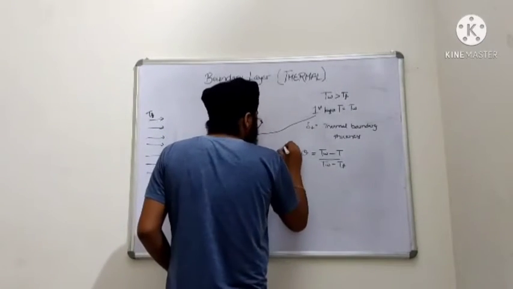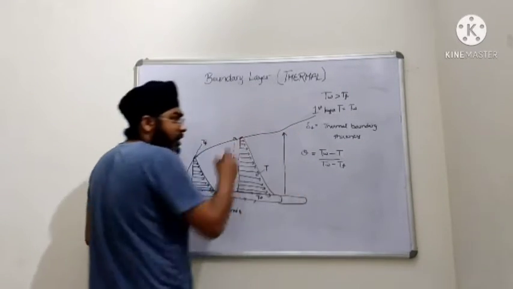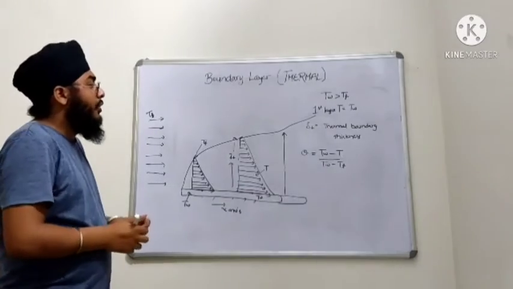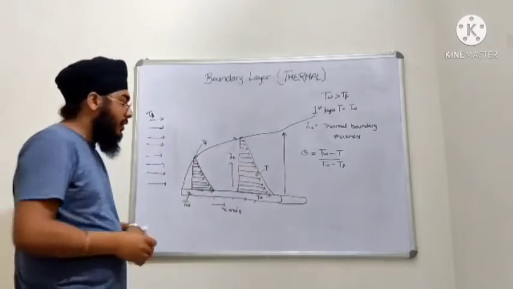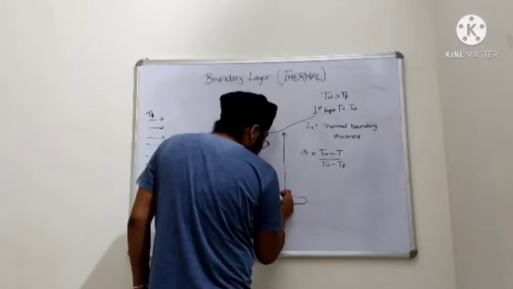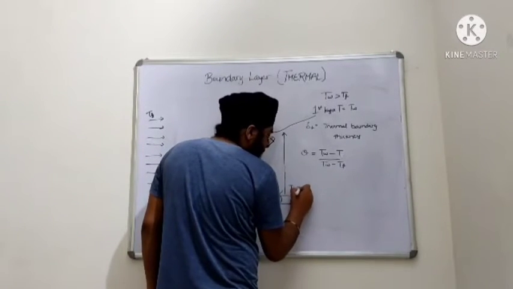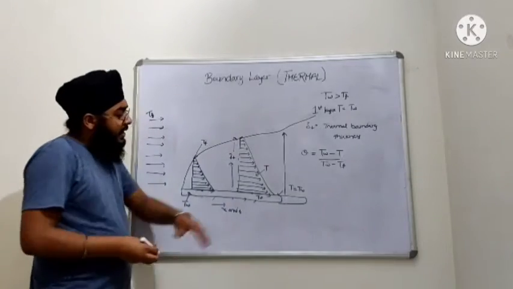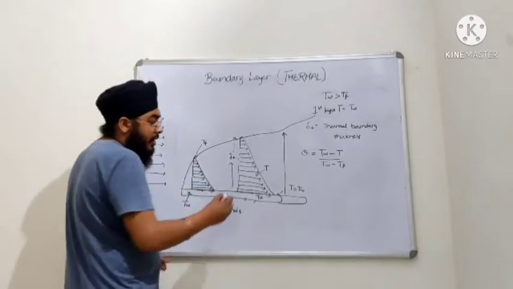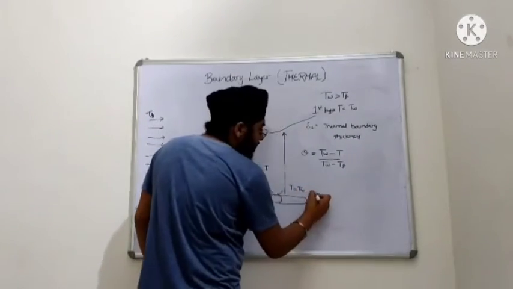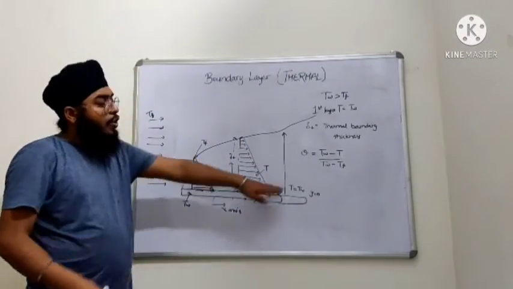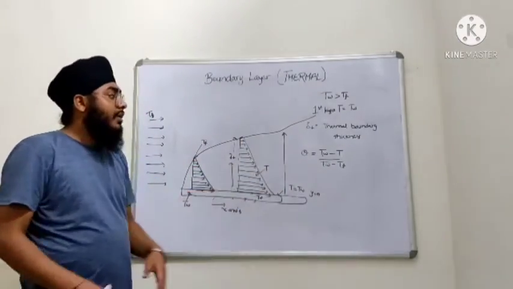Let us say this distance is y as we go from the bottom to the thermal boundary curve. At y equal to 0, just above the surface, the local temperature will be equal to Tw.